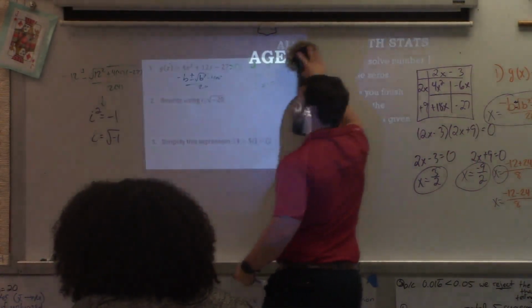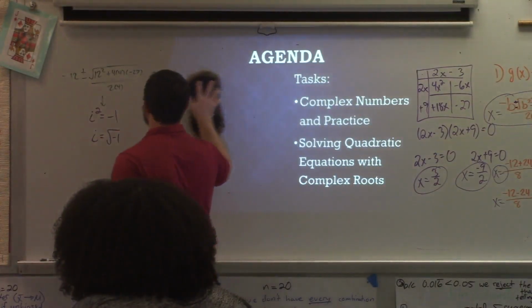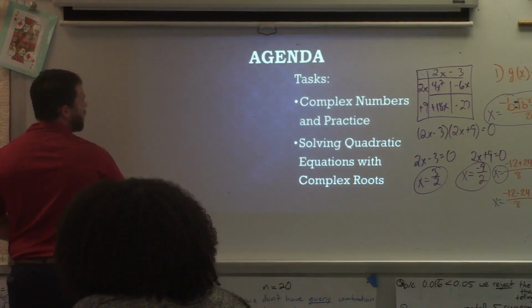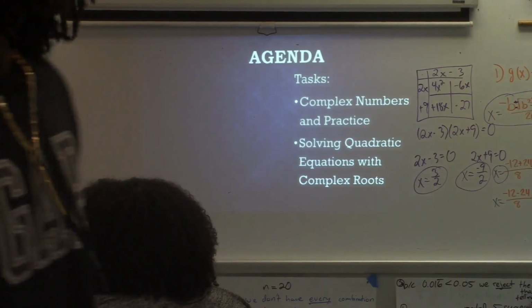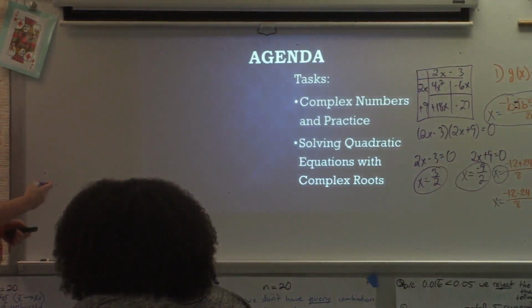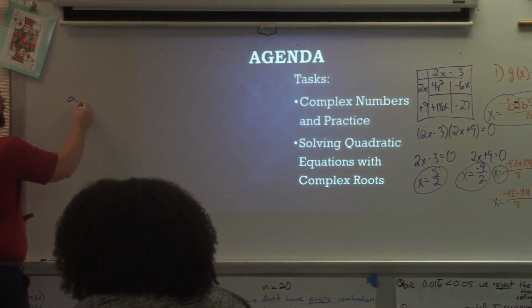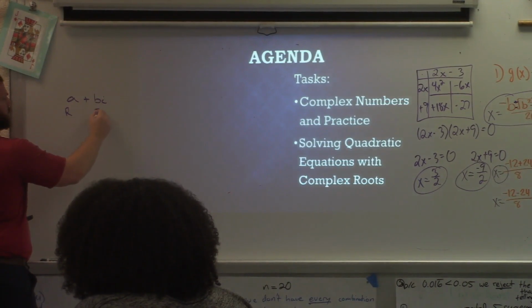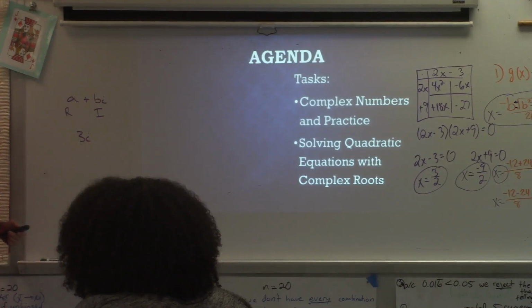So, agenda for today. We're gonna keep working with some imaginary numbers. I do want to pause and point this out. They're really called complex numbers, okay? Because there's a real part, and then there is an imaginary part. So if it was just 3i, I would call that imaginary.